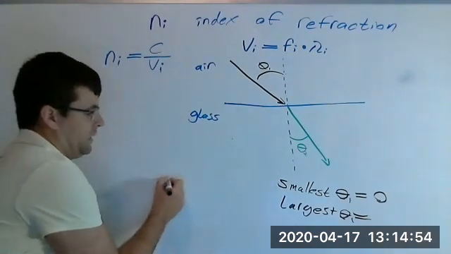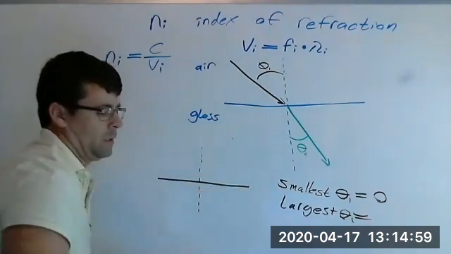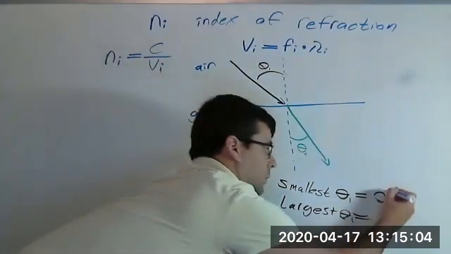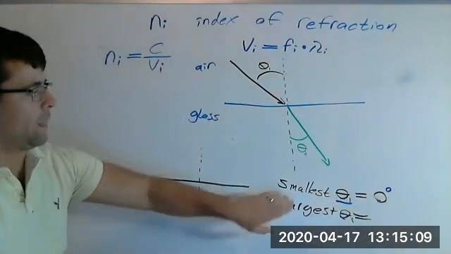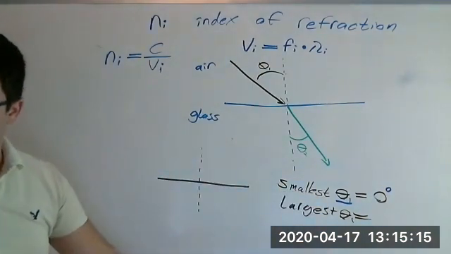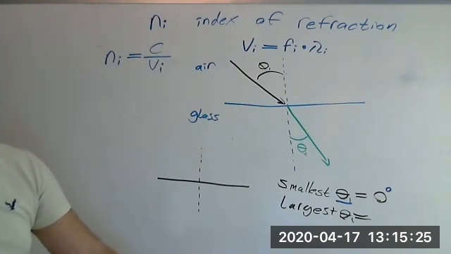So let's draw a mini diagram. So we're talking about degrees for a second. Theta equals 0 degrees would look like what? What would our light ray be doing at theta equals 0 degrees? Wouldn't it be like a horizontal line?